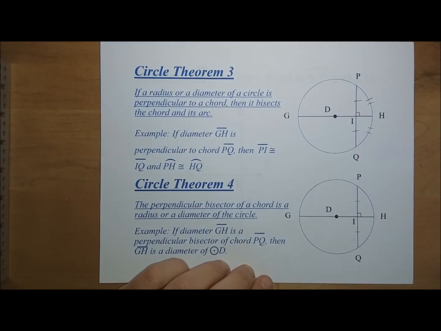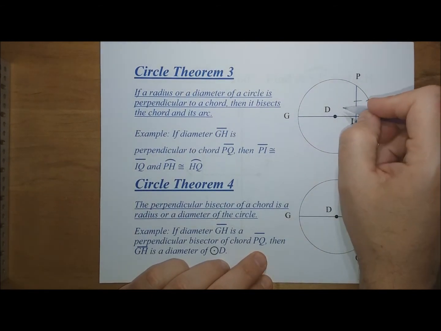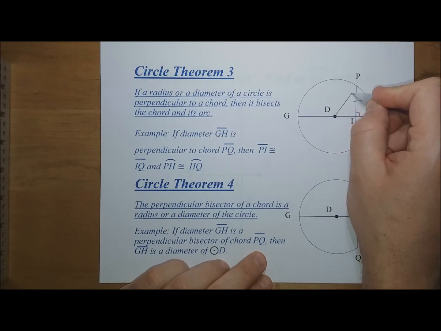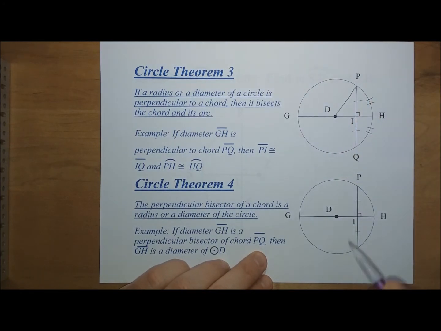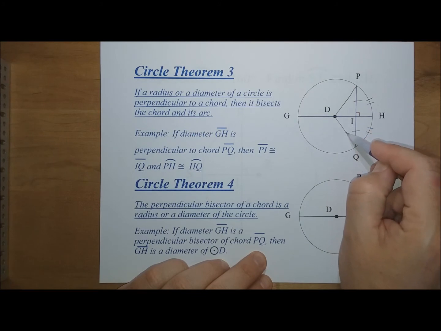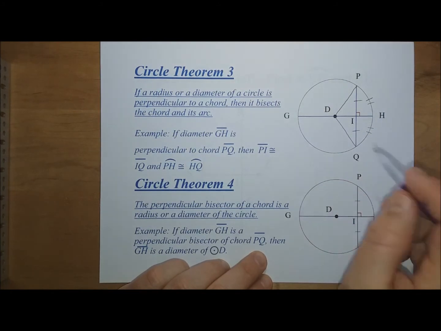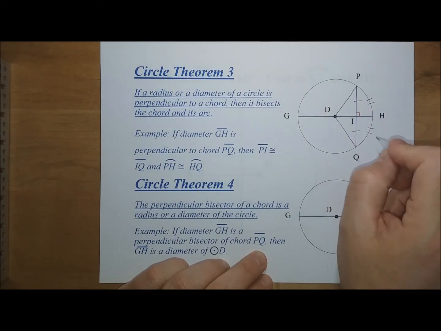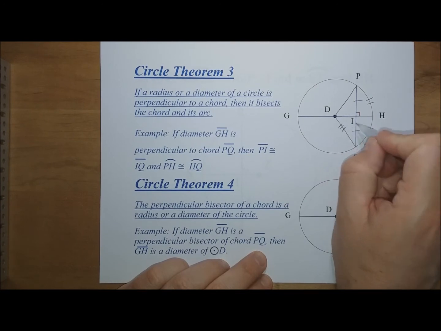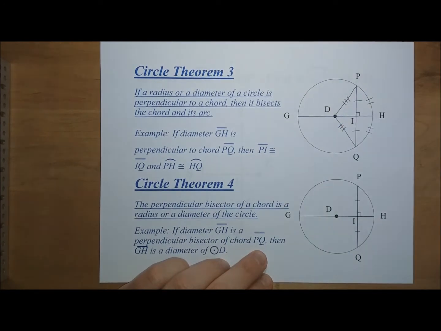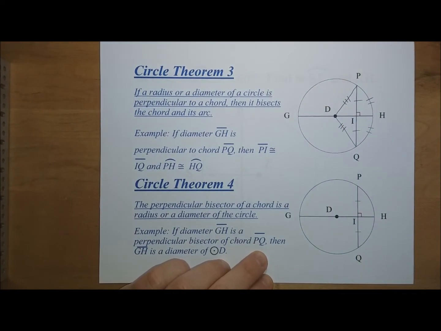Okay, how do we know this is true? Well, you can draw a radius from D to P, and you can draw a radius from D to Q. The endpoints of every chord are equidistant from the center because they're on the circle, right? And therefore, we could mark these two segments as being congruent because all radii in a circle are congruent.